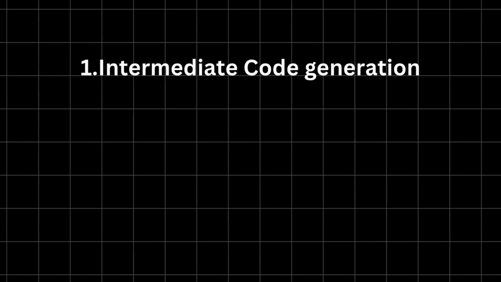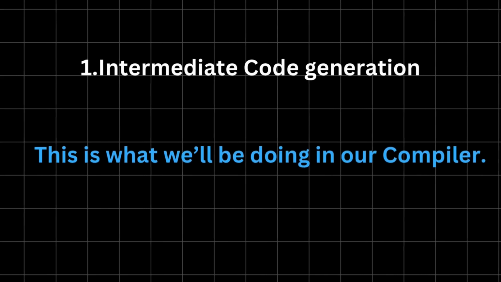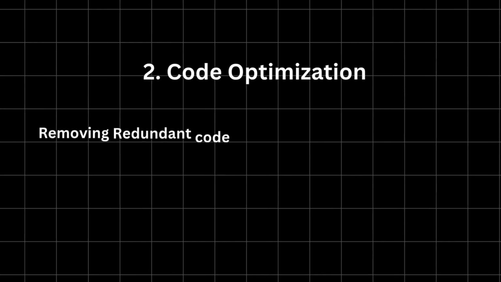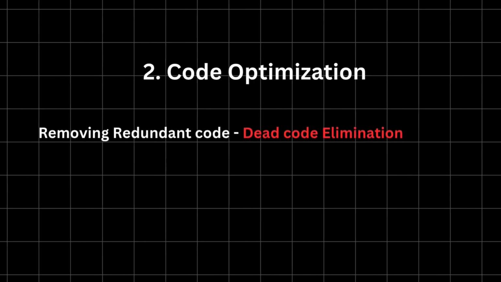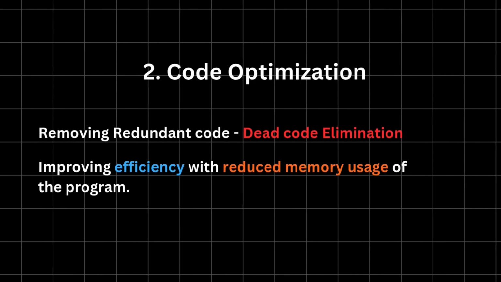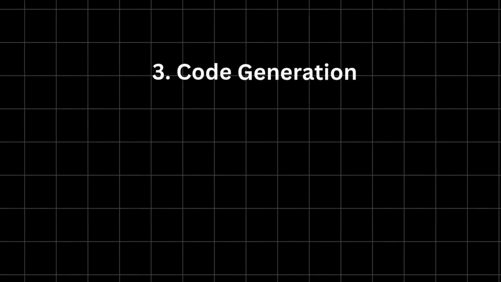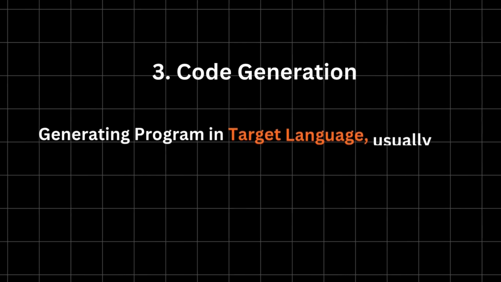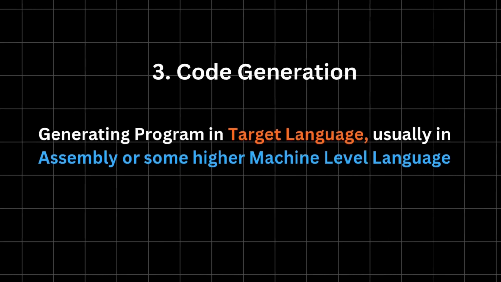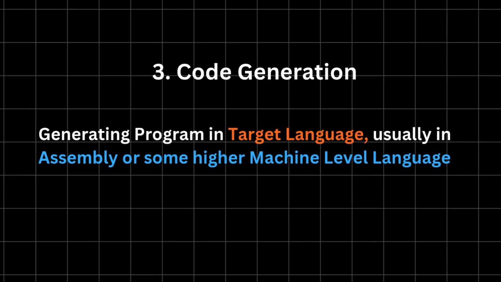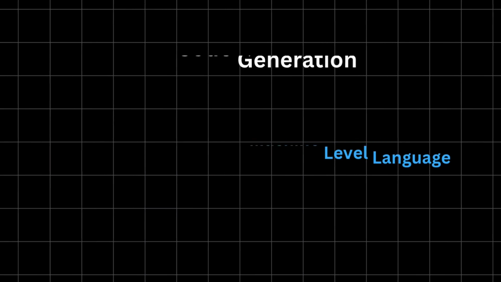First is intermediate code generation. This is what we will be doing in our compiler. Second, code optimization: removing redundant code, dead code elimination, improving efficiency with reduced memory usage of the program. Third, code generation: generating the program in the target language, usually in assembly or some higher machine level language.